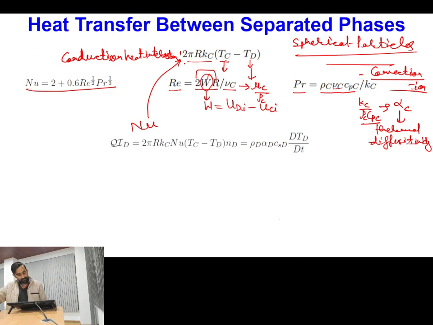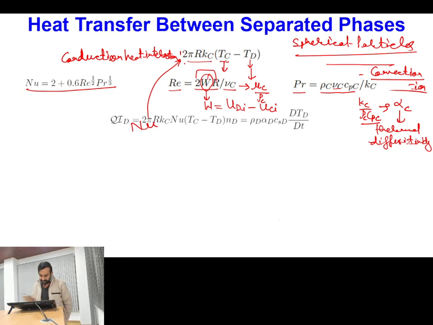So we are not considering at the moment radiation mode of heat transfer. Okay. So now with these parameters, if I have to define some relaxation time, how can I define relaxation time? Say QID is the internal amount of heat interaction between the particle and the continuous phase. So that heat interaction I can write as 2 pi r Kc into Tc minus Td.